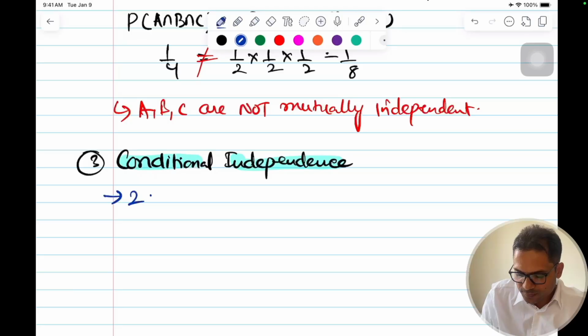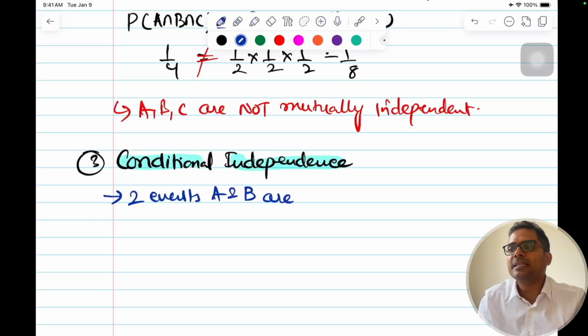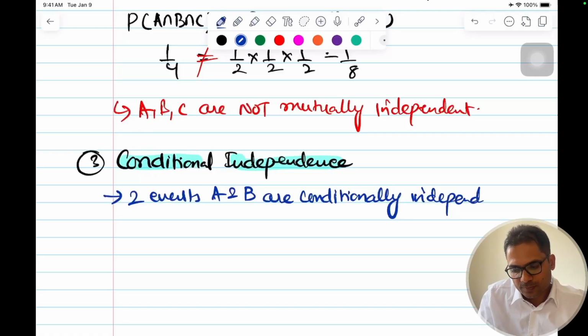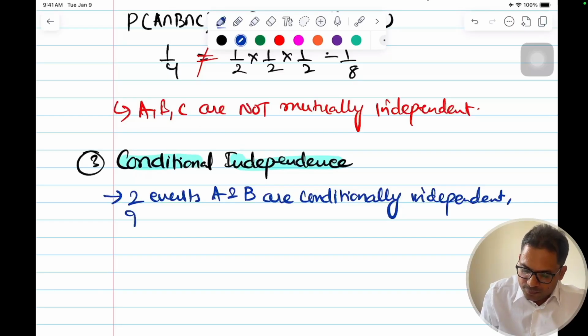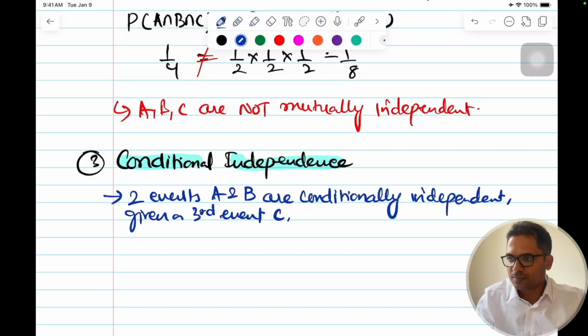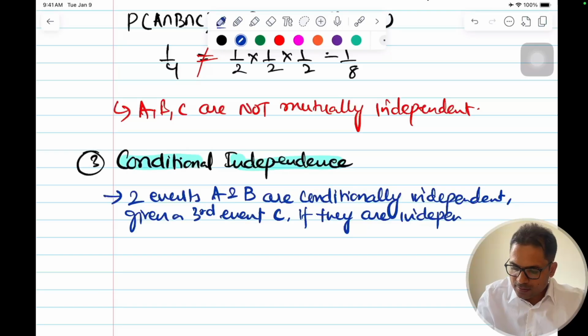Two events A and B are conditionally independent given a third event C if they are independent given that C has occurred.